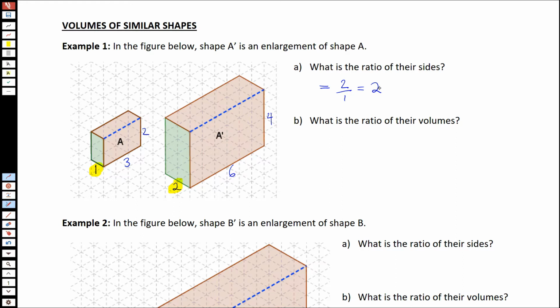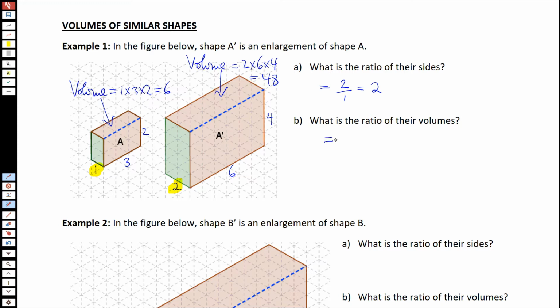And then the ratio of the volumes can be found by calculating the volumes of each shape. So for this one here, the volume will be equal to 1 multiplied by 3 multiplied by 2, which is 6. And for this one, the volume will be equal to 2 multiplied by 6 multiplied by 4, which will be equal to 48.